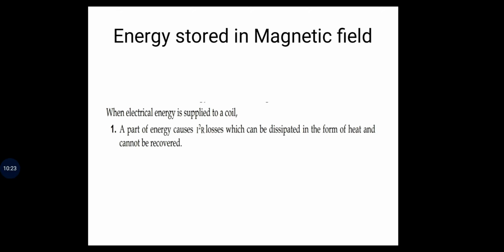So when the current flows in the conductor, the energy is dissipated in the form of heat. This energy is called heat energy. This loss is called I square R loss.